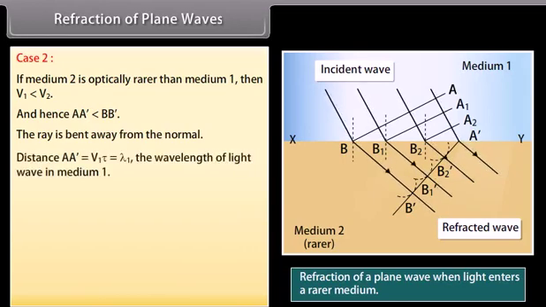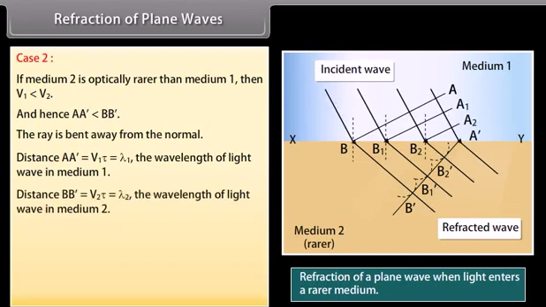Distance AA' is equal to V1 tau is equal to lambda 1, the wavelength of light wave in medium 1. Distance BB' is equal to V2 tau is equal to lambda 2, the wavelength of light wave in medium 2.